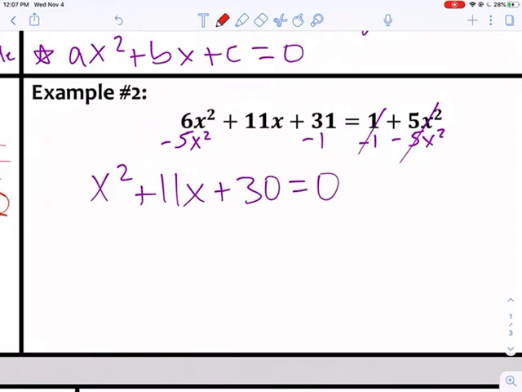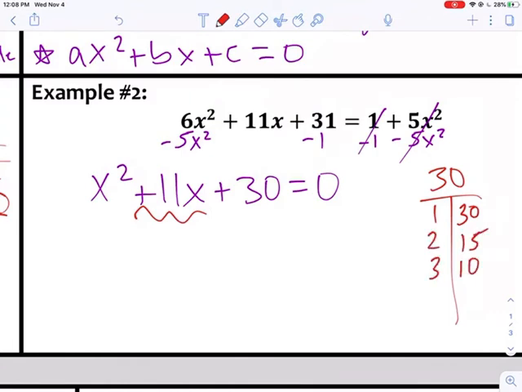So remember, the shortcut is simply what multiplies to my last 30 that's going to get me to the middle of 11, positive. So 1 and 30 multiply, 2 and 15 multiply, 3 and 10, 5 and 6. So 1 and 30 cannot get me to a positive 11.